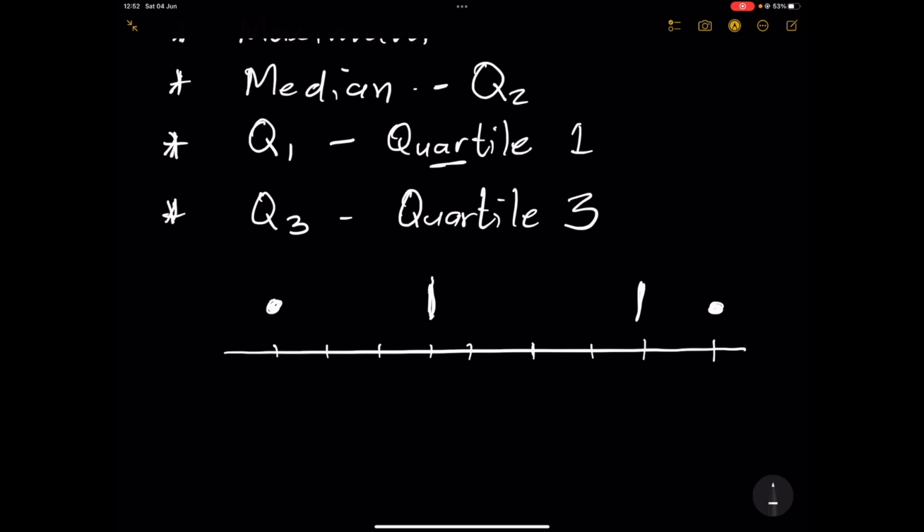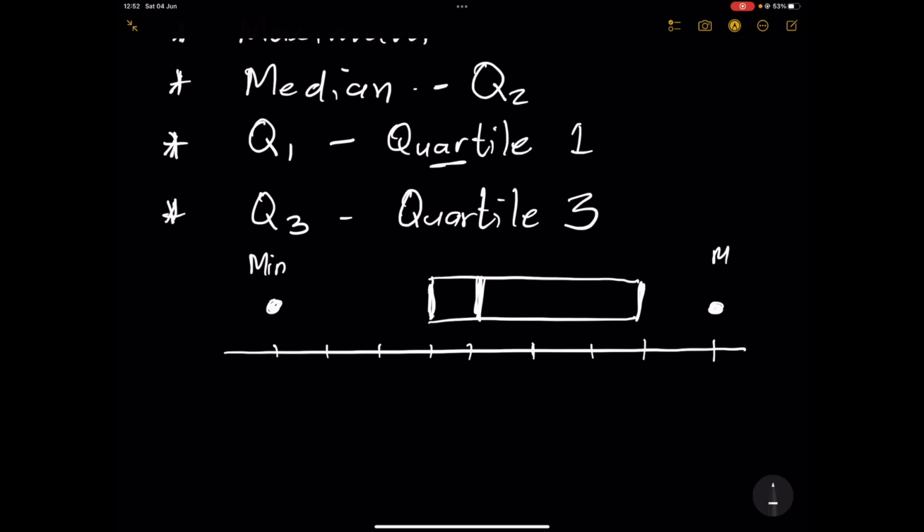What we then do is make sure that we draw, let's just say, for argument's sake, our median over there. So that's quartile 2. That's our minimum value.